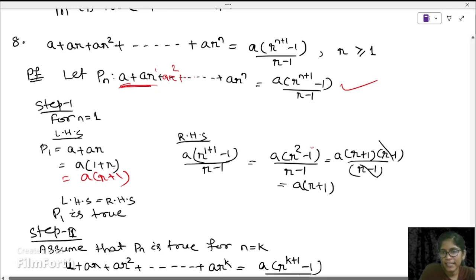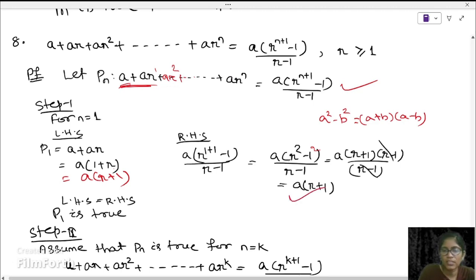We can write it r square minus 1 square by the formula of a square minus b square, a plus b into a minus b. Similarly, here r plus 1 into r minus 1. Cancelling this, left this. Now, LHS equal to RHS, that means P1 is true.